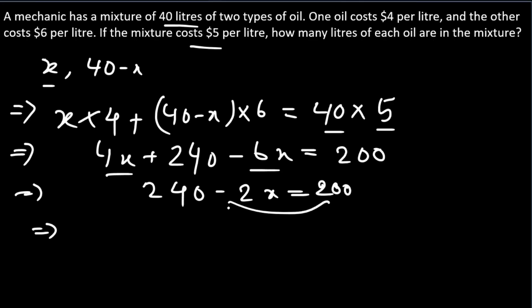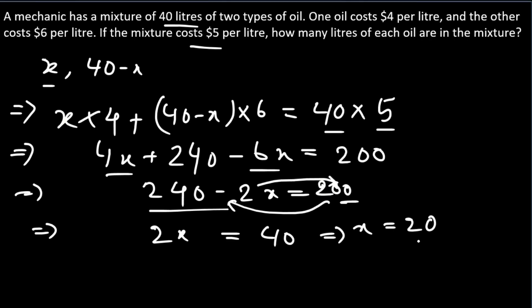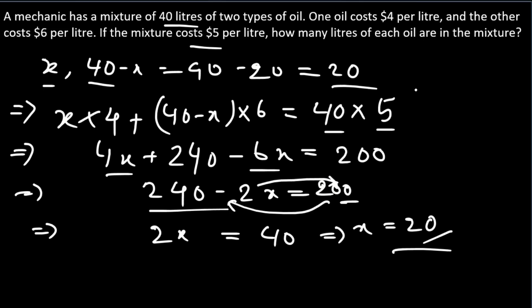The 200 will come here and the 2X will go there. So we will get 2X equals 240 minus 200 equals 40. So X equals 20 liters. How many liters of each oil? The first oil will be 20 liters, and 40 minus X equals 40 minus 20 equals 20 liters. So the other oil is also 20 liters.